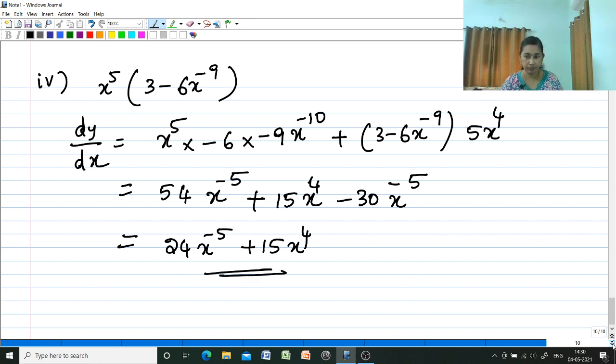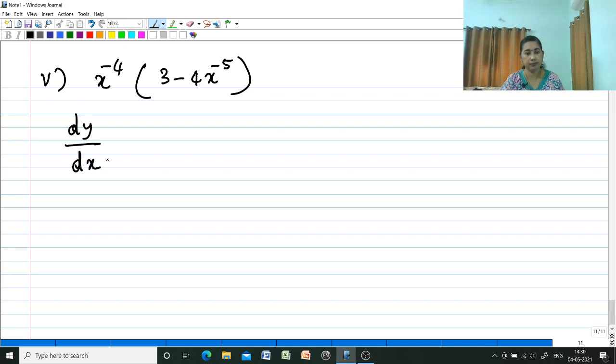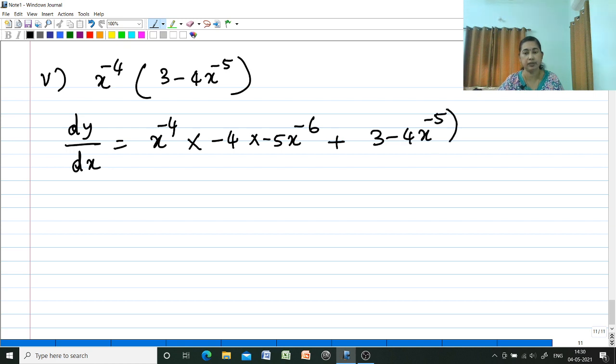Then question number 5, fifth sub question, x raised to minus 4 into 3 minus 4x raised to minus 5. So dy by dx equals first function into derivative of the second, means minus 4 into derivative of x raised to minus 5 is minus 5x raised to minus 6, then plus 3 minus 4x raised to minus 5 into minus 4x raised to minus 5, that is equal to 20x raised to minus 10.